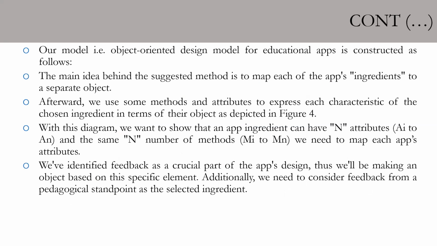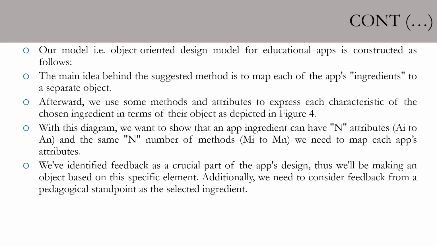Our object-oriented design model for educational apps is constructed as follows. The main idea behind the suggested method is to map each of the app's ingredients to a separate object. Afterward, we use some methods and attributes to express each characteristic of the chosen ingredient in terms of its object, as depicted in Figure 4.